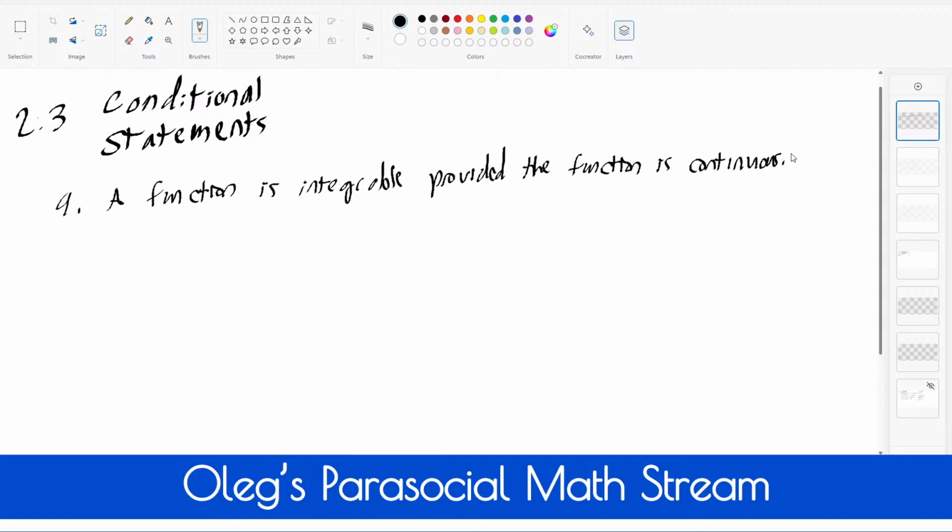Okay, a function is integratable provided the function is continuous. So what form can we use? Q provided that P, well, that probably is it.